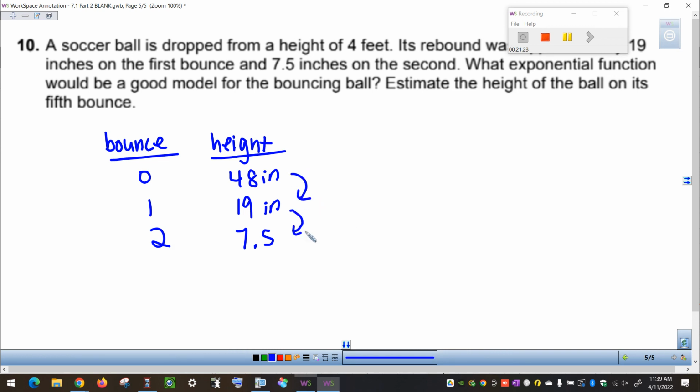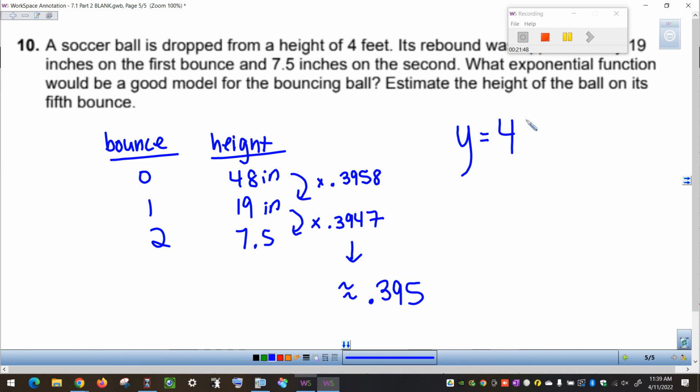Well, if we were to do some division here, if we do 19 divided by 48, we see that it's multiplied by this value here. If you do 7.5 divided by 19, we're multiplying by this value right there. Notice how they're not exactly the same, but they're both pretty close to about, let's say, approximately 0.395.